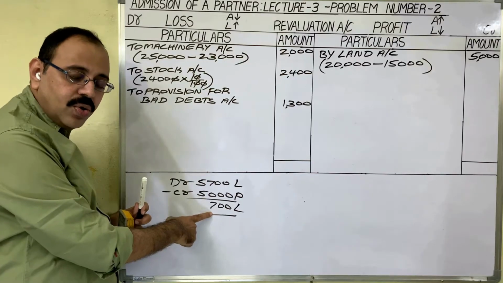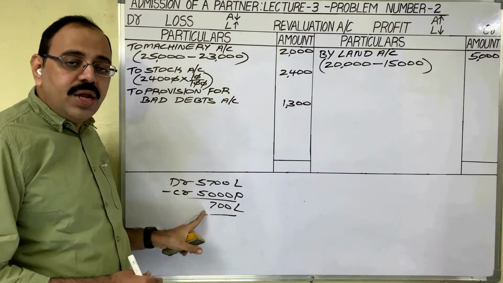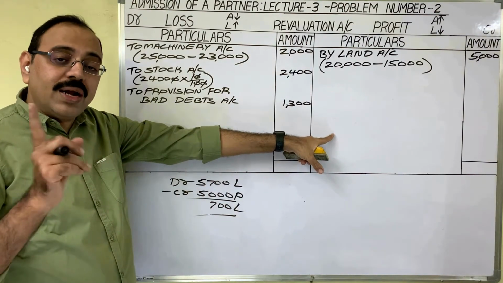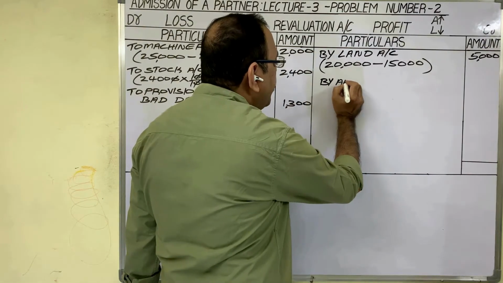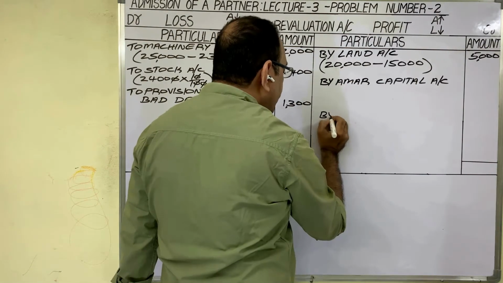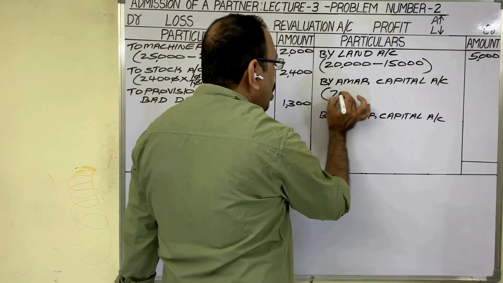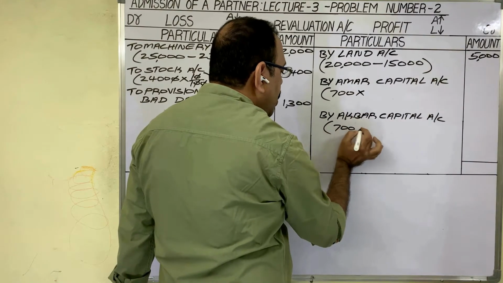In which ratio? In old profit and loss ratio. As credit total is less, credit side you have to transfer this loss to old partners capital accounts: by Amar capital account, by Akbar capital account. Revaluation loss 700 rupees. In old ratio, no?